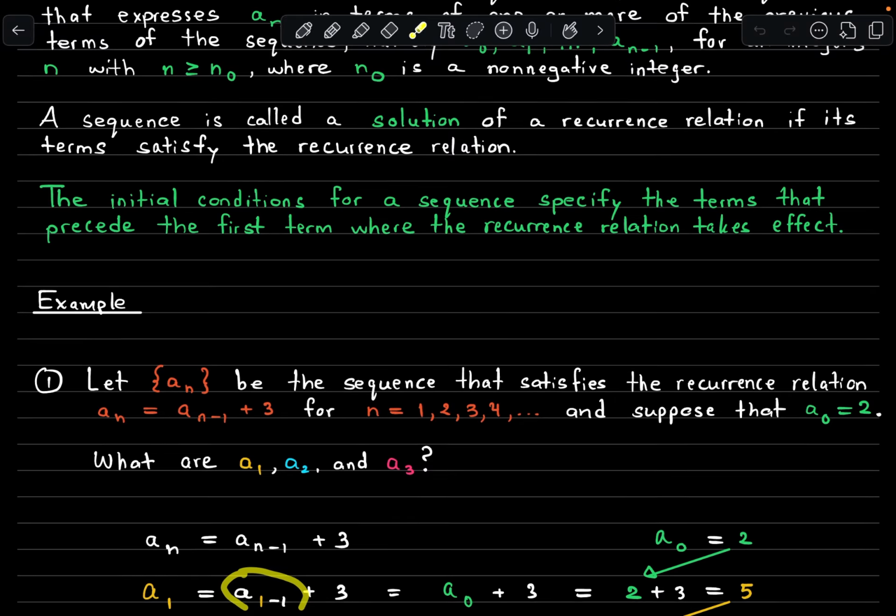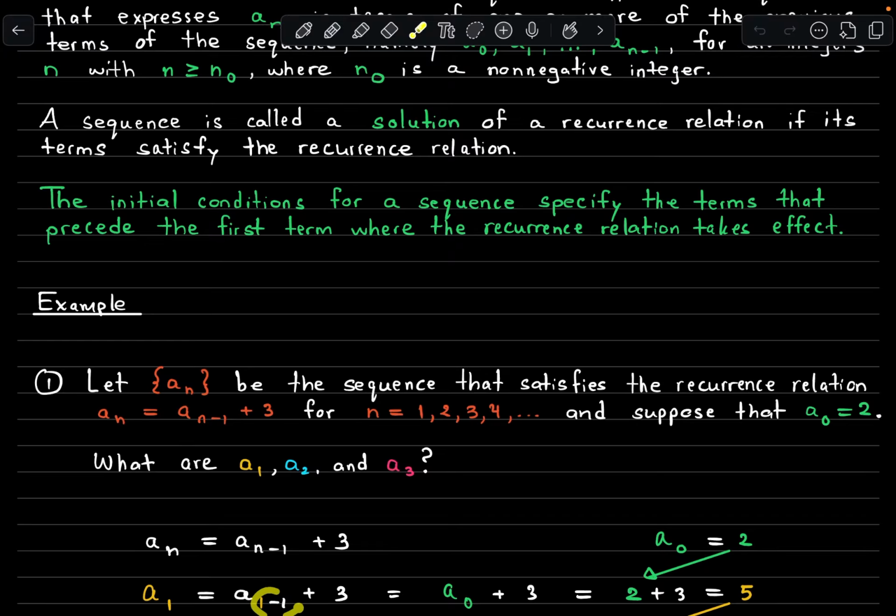You can do a little bit of arithmetic even in your index, but this is just a formalized, generalized way of referring to the last term. So for A sub 1, really what we're considering is A sub 0 and adding 3 to it. Okay, so we put in 2 for A sub 0, we add 3 to it, and our A sub 1 is 5.